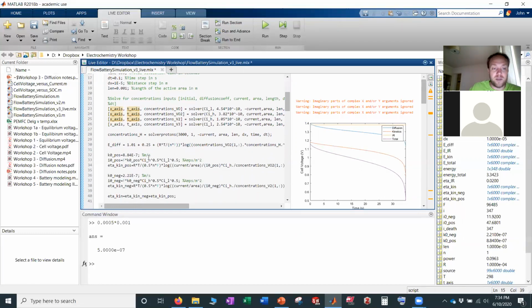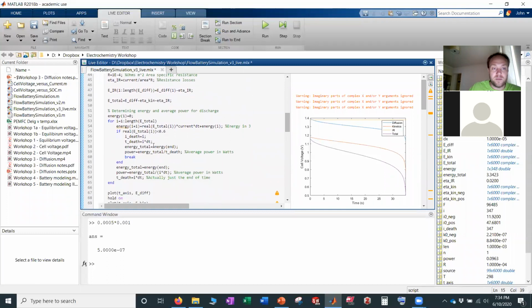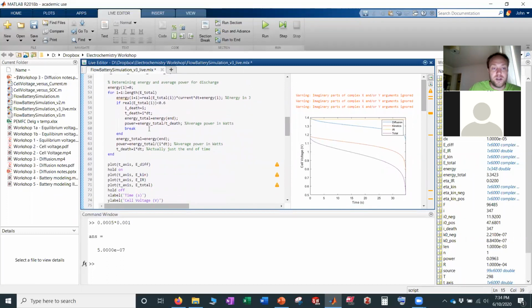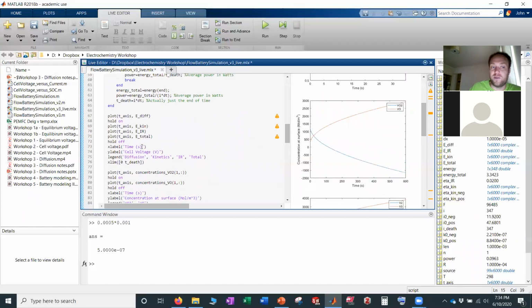So we solve our time, everything else is the same. Solve for all of our overpotentials. Then we look for when the battery voltage goes under 0.6 and we call it dead. If it goes under there, we solve for the total energy we got out and the power. If it never reaches there, then we just say it's the time that it ends, and we say what the total energy and power were, but we didn't actually fully discharge it. We need to run the simulation longer.